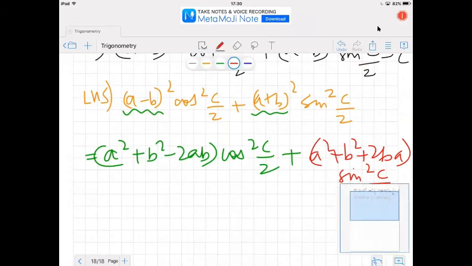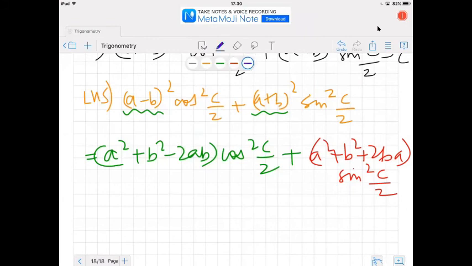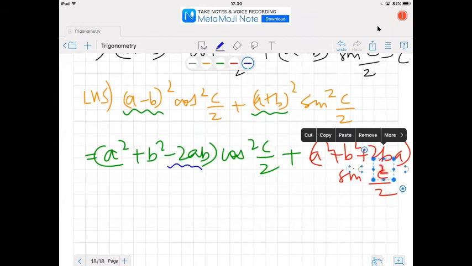Alright, now if you see closely here, यहाँ पे I have one term minus 2ab and I have another term over here plus 2ab. And I have cos square c by 2 and sin square c by 2 over here.